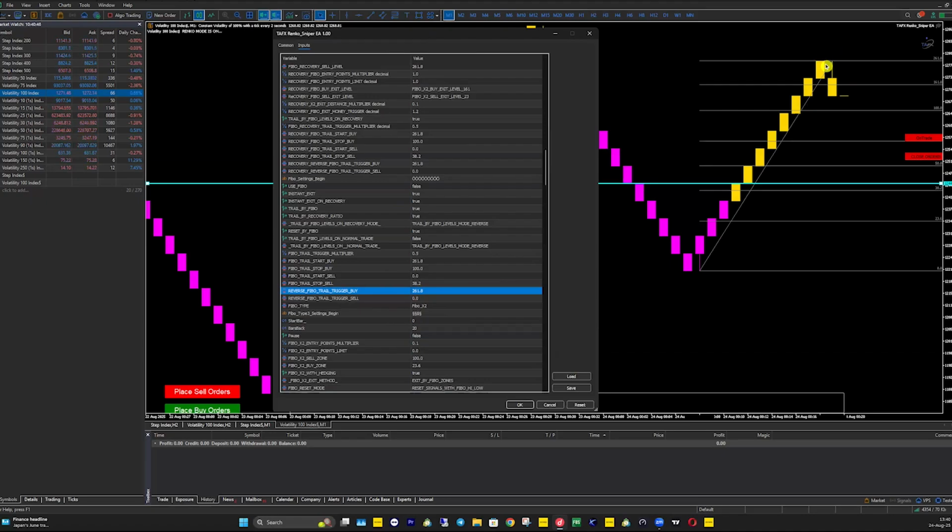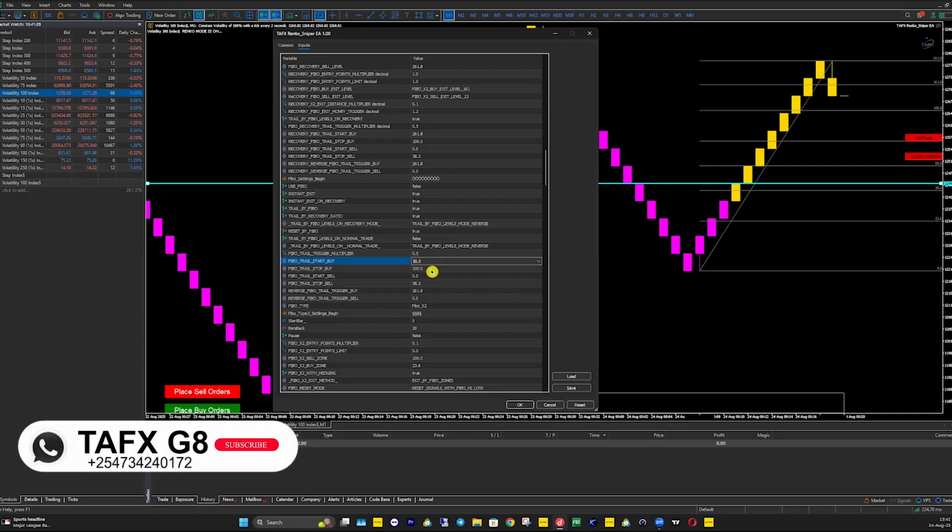If the market gets into 261, all right, and we want the trailing start to be, let's say, level 50, and the trailing step should be, let's say, 100, all right, something like that.